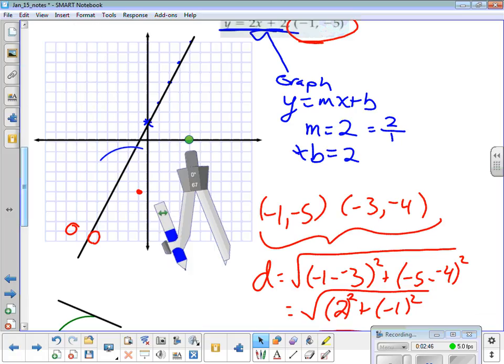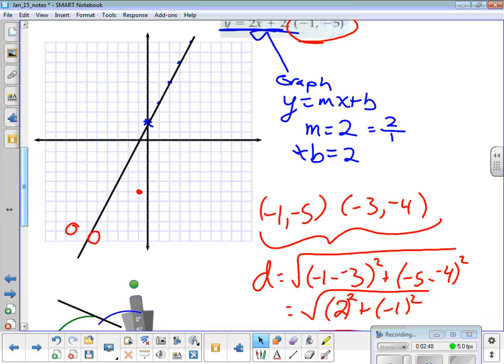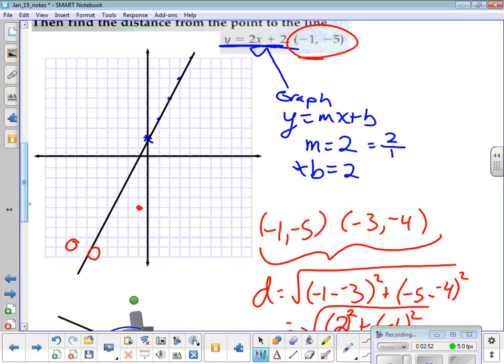Discovered during second period is, hey, we knew what the slope of the line was for this. The slope was 2/1. So for the line from our red point, I need to use the perpendicular slope, which would be -1/2.